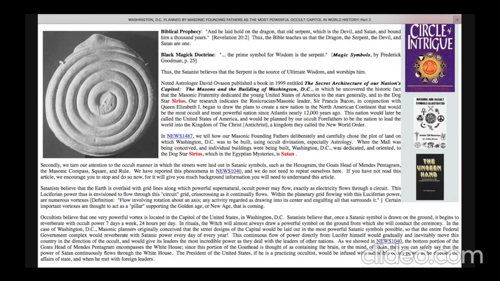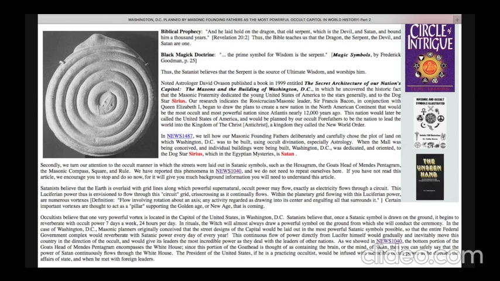This continuous flow of power directly from Lucifer himself would gradually and inevitably move this country in the direction of the occult and would give its leaders the most incredible power as they deal with the leaders of other nations. The bottom portion of the ghost head of Mendes pentagram encompasses the White House.